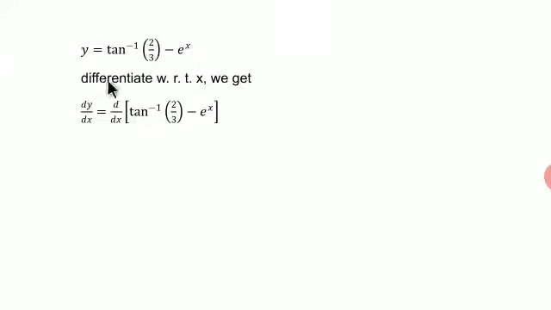Okay. Now differentiating with respect to x, we get dy by dx is equal to d by dx of (tan inverse of 2 by 3 minus e^x). We observe this term is constant, so its derivative is 0. So dy by dx is equal to 0 minus e^x, and hence dy by dx is minus e^x. Means here there are two answers: dy by dx is minus e^x or e^x also.